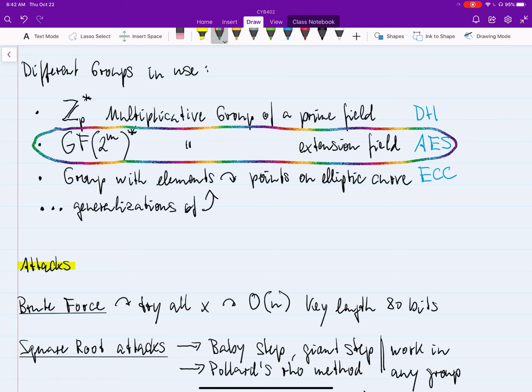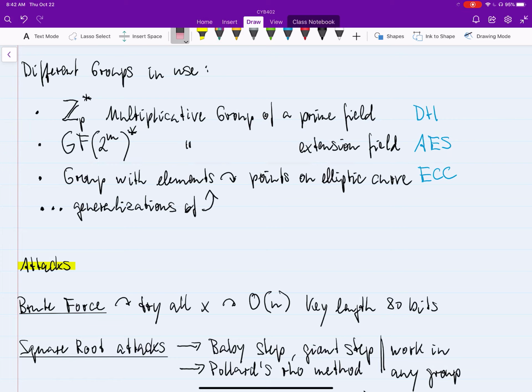And in the future, we are going to expand upon these ideas that we had so far with group elements that are going to be points on an elliptic curve. And this leads to elliptic curve cryptosystems.